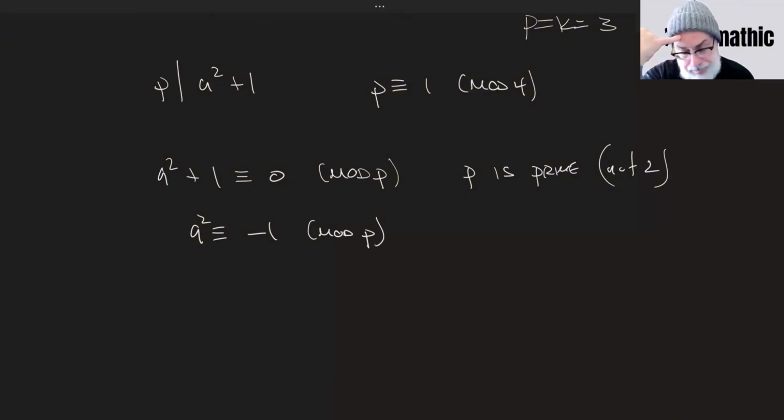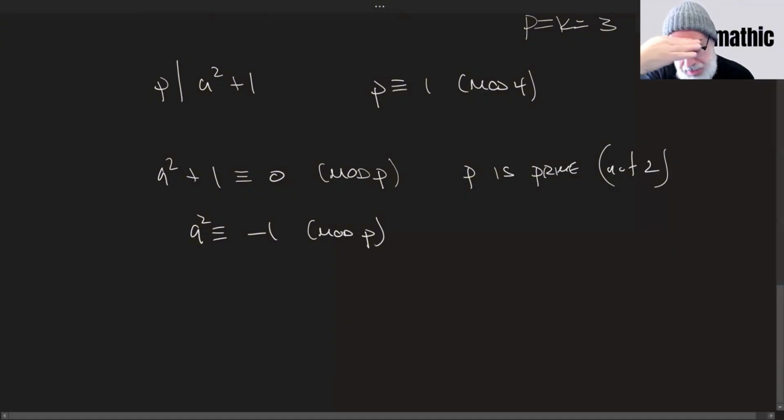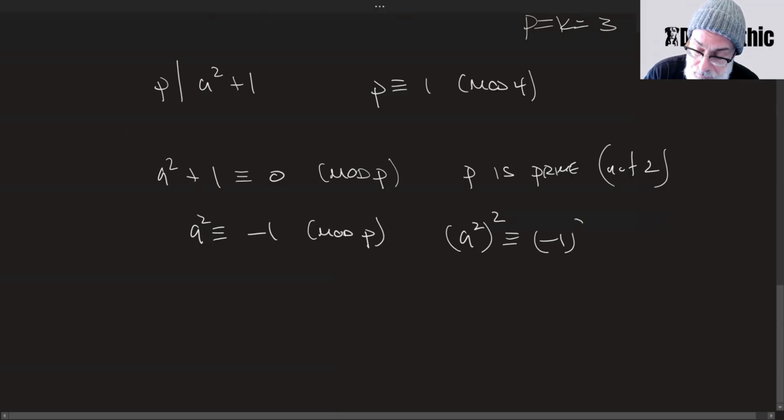What do we know about mod p's? Oh, if I square the square, I get a to the fourth is going to go into 1 mod p.